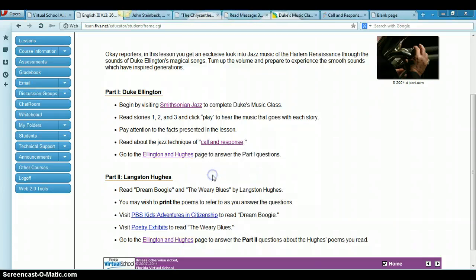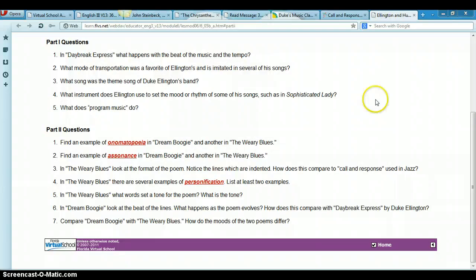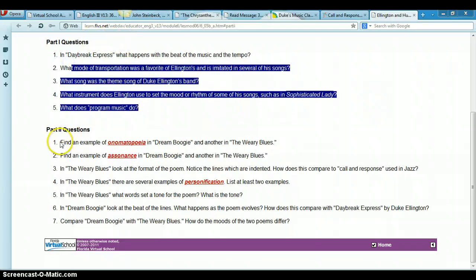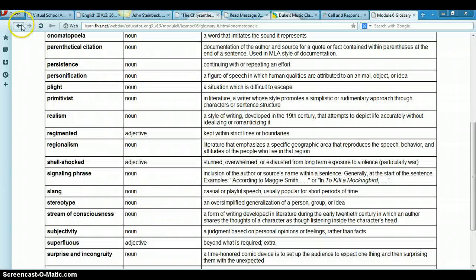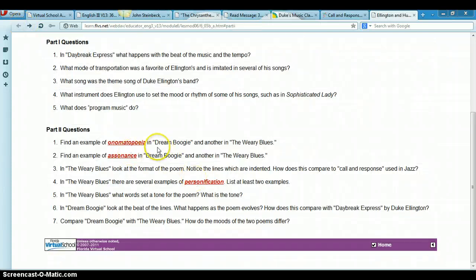So let's open this up. If you look at the Ellington and Hughes questions, you can see that part 1 has 5 questions, and part 2 has 7 questions. If you need help understanding the poetry terms, just click on these little links and it'll take you there. So you're going to need to find some onomatopoeia, some assonance, and some personification.